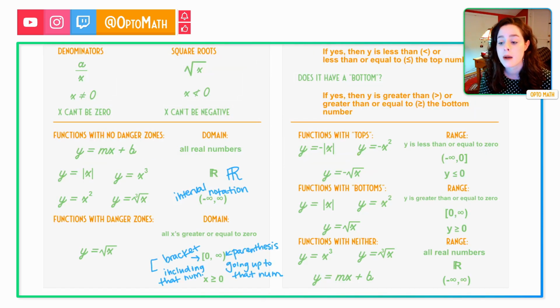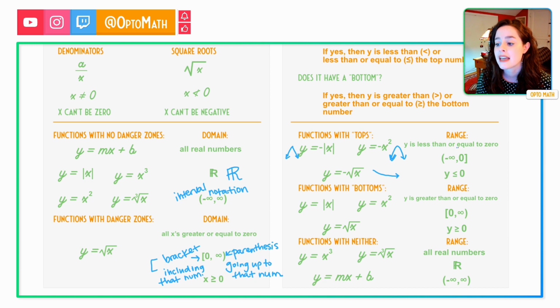So functions with tops, we've got y equals negative absolute value of x, so that's going to be looking like this sort of shape. Y equals negative x squared, which is like a hill, upside down u. And y equals negative square root of x, so that's looking kind of like this, an upside down eyebrow, right?